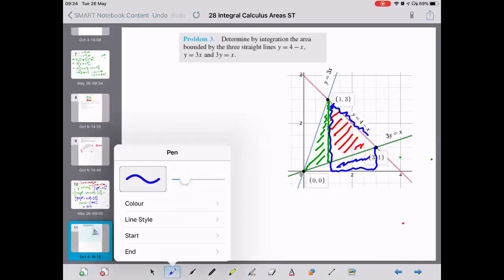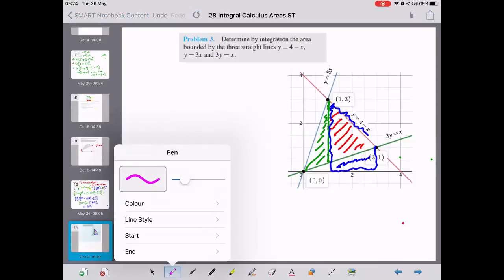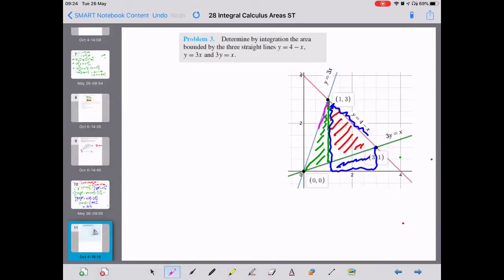And we can find the green area by finding all of that area and taking that little bit down the bottom away.